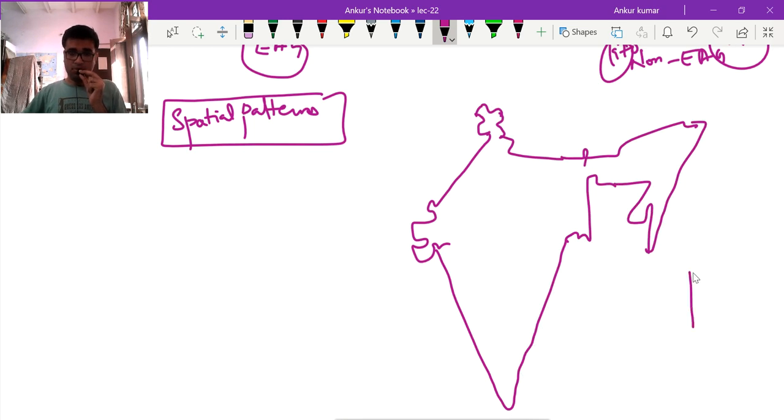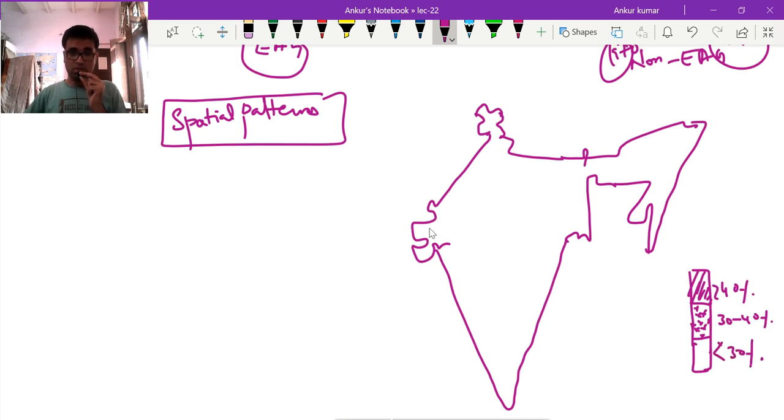The areas which have seen more than 40% urbanization, the areas which have seen urbanization between 30 and 40%, and lastly the areas which I'm leaving as blank space, the areas which have witnessed less than 30% urbanization.